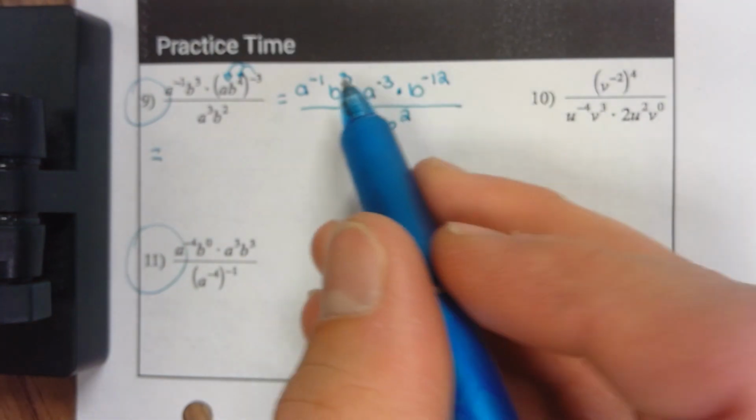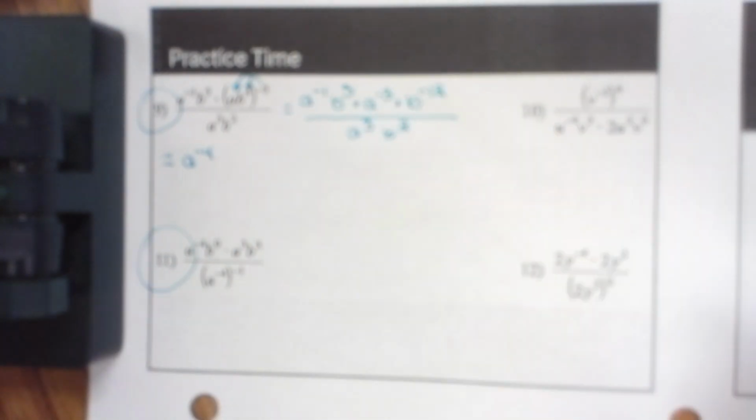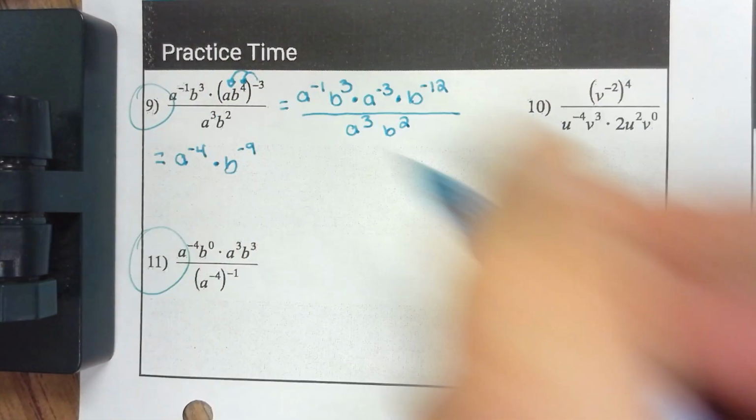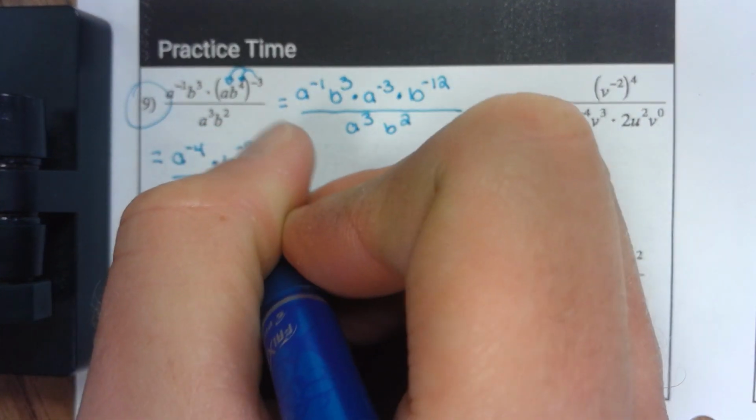Then a to the power of negative 1 times a to the power of negative 3. If I add those exponents, that's a to the negative 4. b cubed times b to the negative 12 is b to the negative 9. And then I have a cubed times b squared in the denominator still.